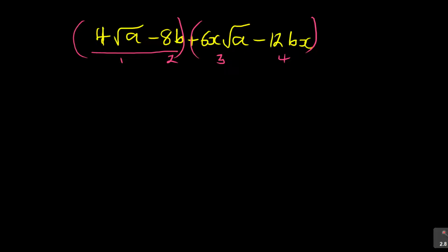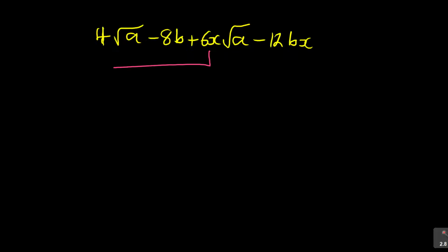So avoid only numbers. If there is nothing common when you're grouping them like that, you need to rearrange them in such a way that you are bringing common things together. For example, I can bring in these 2 that are common. What is common actually is square root of a, square root of a. See that? I can bring it together, and then here the b and the b.